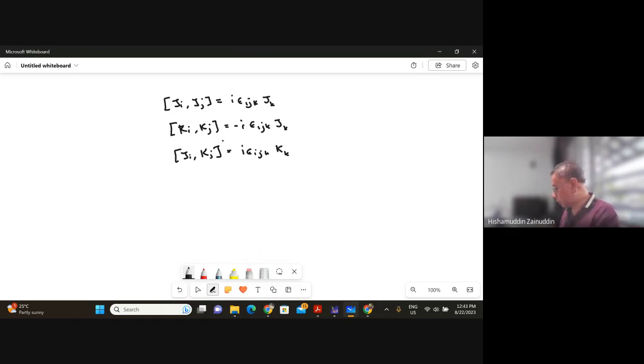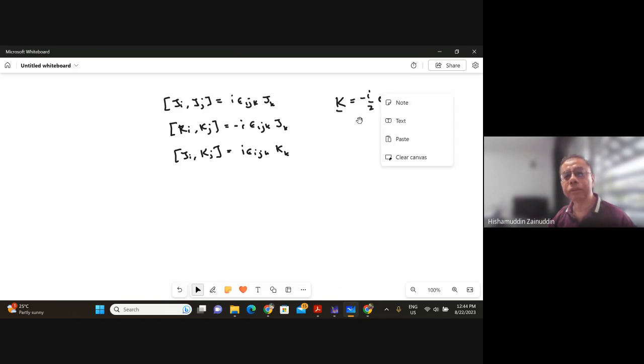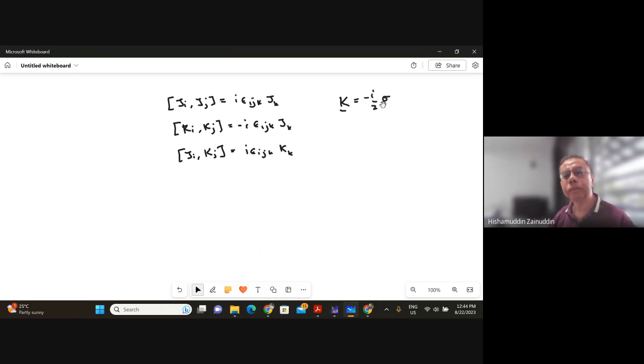So now all you need to do, given your definition earlier, let me just check what I wrote down. K equals minus i over 2 sigma. Sorry.